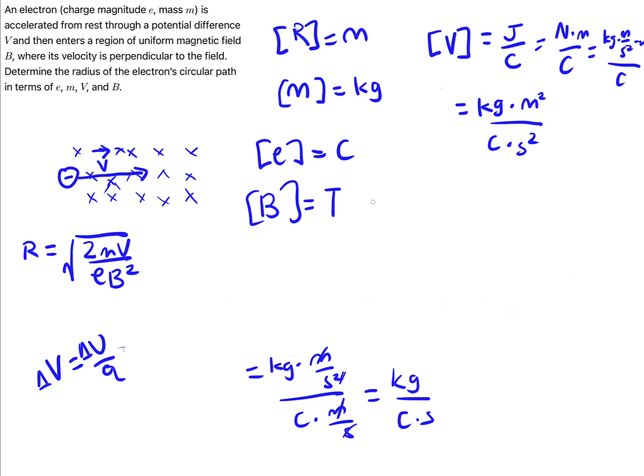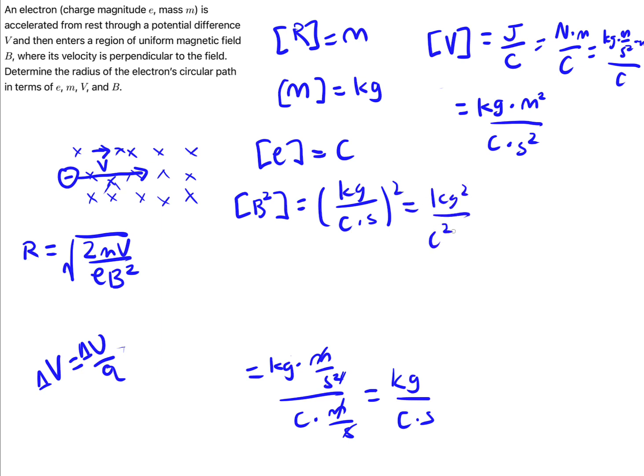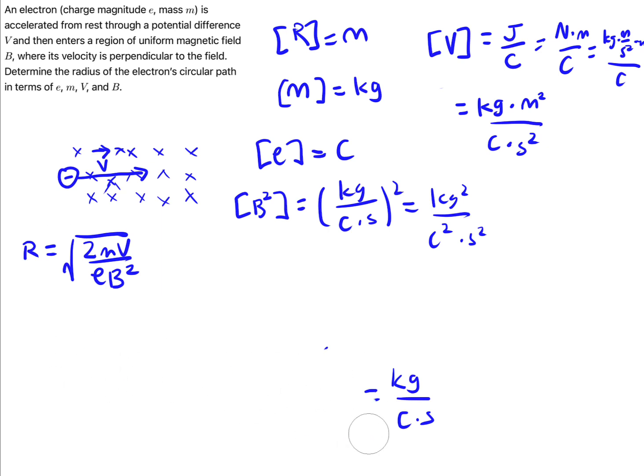Okay, so now in the bottom, we actually see that we have a B squared, in fact. So the units of B squared are just kilogram per coulomb times second, squared, which is kilogram squared over coulomb squared times second squared.